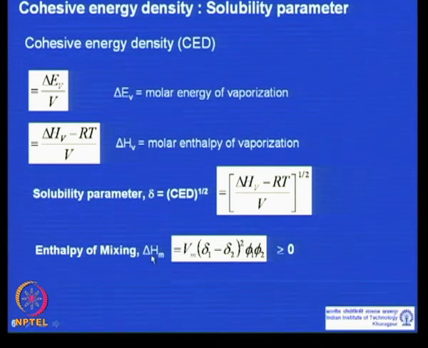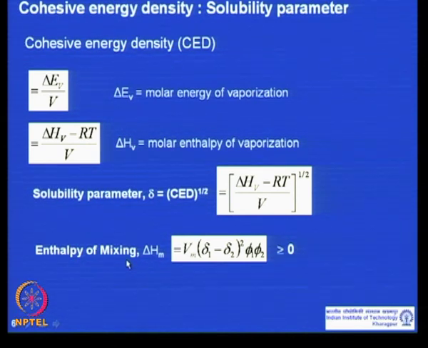So, the drawback of this approach is that it cannot predict any negative enthalpy of mixing, which sometimes happens if there are strong specific interactions between the polymer and the solvent. V_m is the average molar volume of the polymer and the solvent.